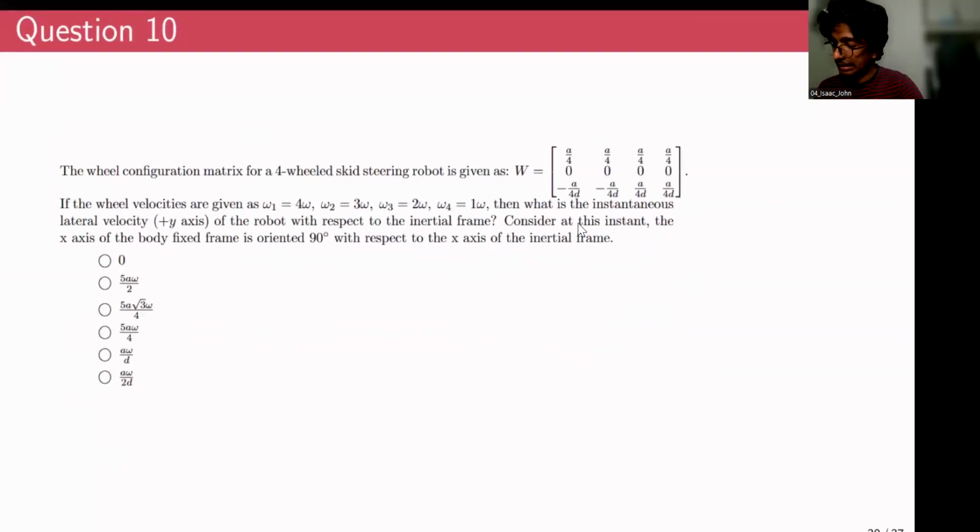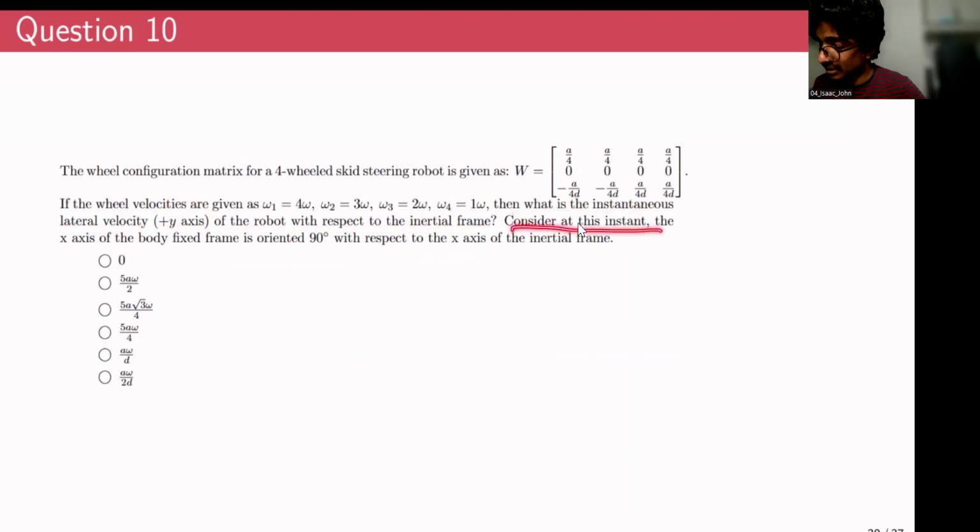Moving on to question 10. The wheel configuration matrix for a 4-wheel skid steering robot is given as so and so. And if the wheel velocities are given as omega 1 is 4 omega, omega 2 is 3 omega, omega 3 is 2 omega, and omega 4 is omega, what is the instantaneous lateral velocity along the y-axis of the robot with respect to the inertial frame of reference?